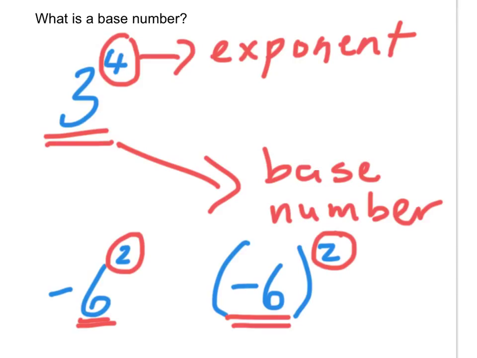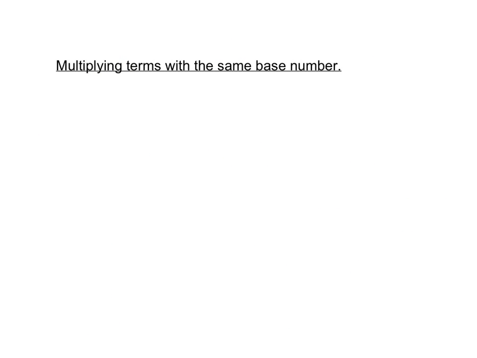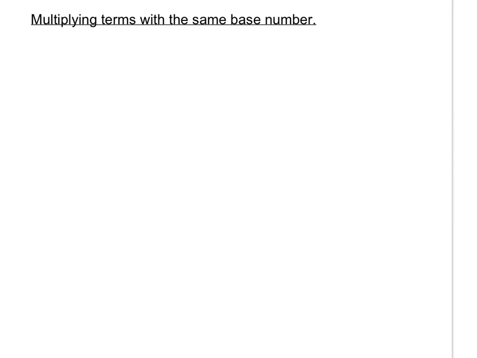Now some examples of the laws of exponents. Multiplying terms with the same base number. Say I have 3 to the power of 2 times 3 to the power of 5.